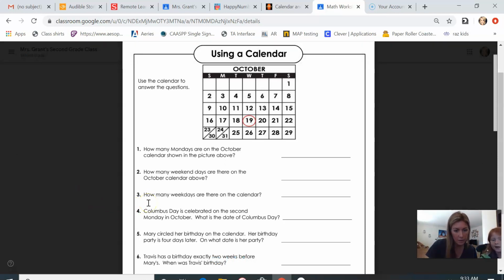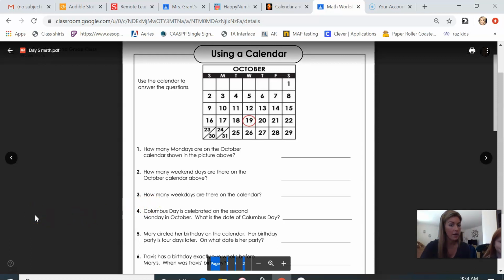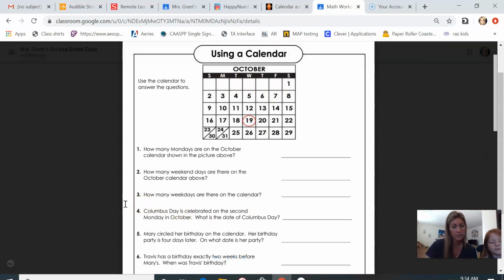How many weekdays are there on the calendar? So if Saturday and Sunday are the weekend, what days are the weekdays? Monday, Tuesday, Wednesday, Thursday, and Friday. So we want to count how many weekdays there are on the calendar. We're going to have a little bit of counting to do right now.